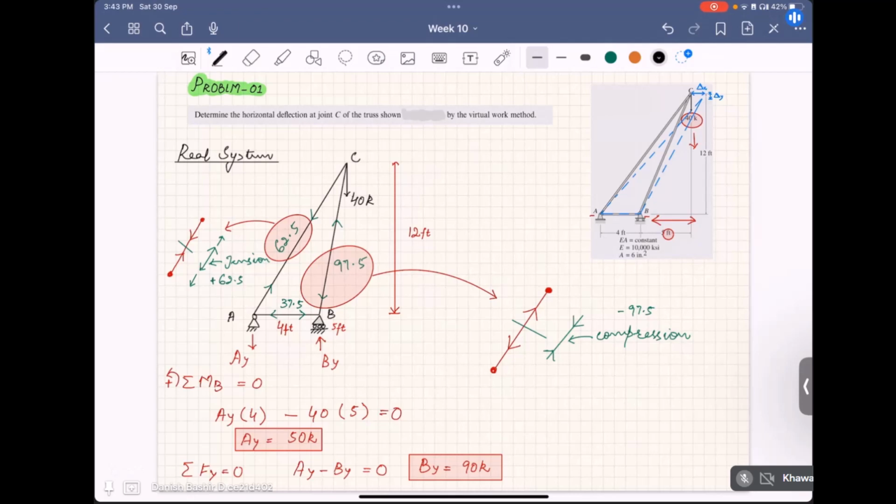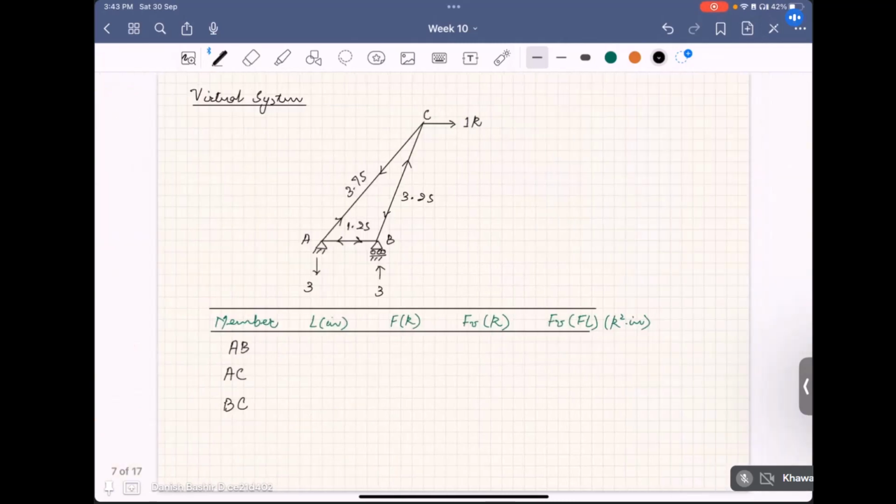We can easily compute the length in inches, because this is 4 feet, so it will be 4 feet times 12 inches per foot. So it will be 48 inches. Okay, that's clear to you. So AB will be 48. Similarly, writing for the other members as well, this will be 180 and this will be 156.